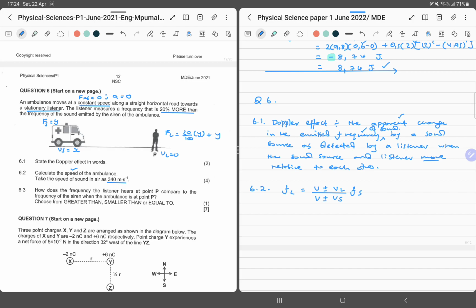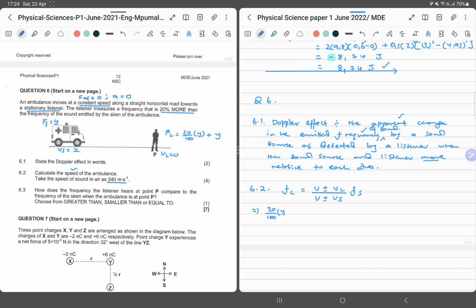Great stuff. So this implies, now what is the frequency of the listener? They said it's 20% more than the stuff that we know. So technically, we're going to say, look, we've got here 20 over 100, of y.